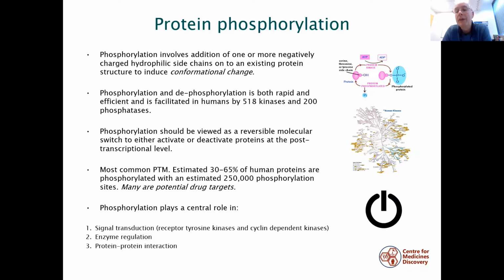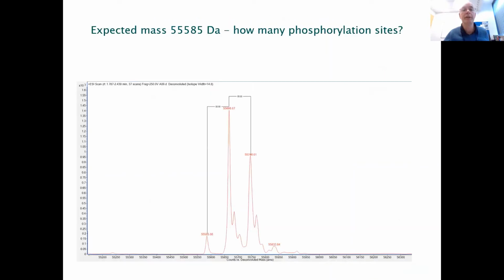And many of these proteins, these phosphoproteins, are potential drug targets. So protein phosphorylation plays a central role in signal transduction, in receptor kinases and cyclin-dependent kinases. It plays an important role in enzyme regulation and also in protein-protein interaction. So we need to know about phosphorylation.